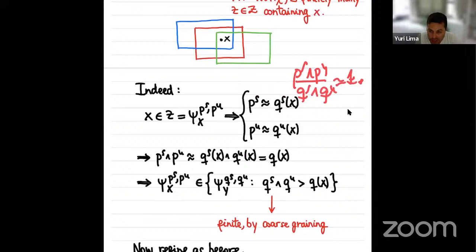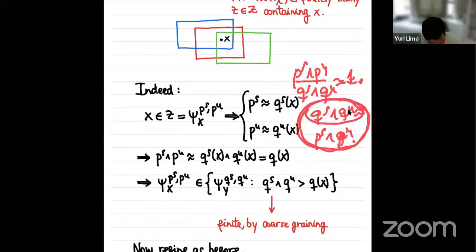So the edges that come out from the first chart go only to QS and QUs, which are approximately equal to PS and PU. And this space here is finite by the discreteness assumption.